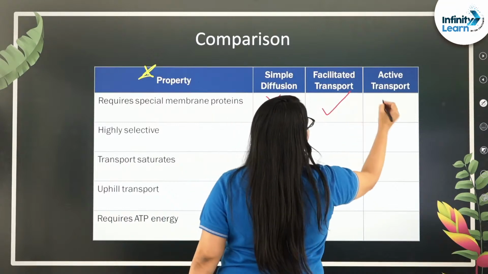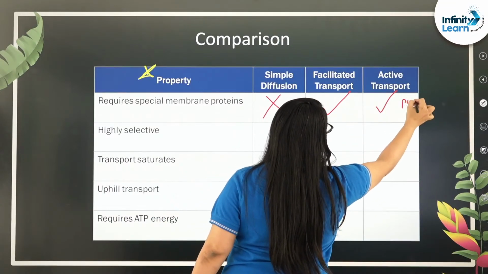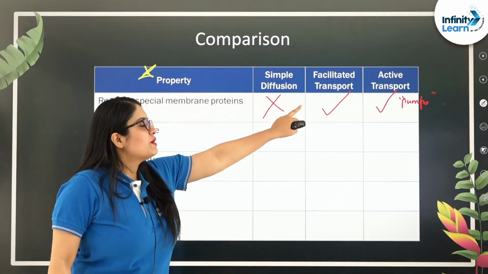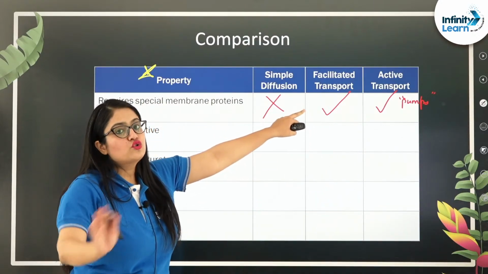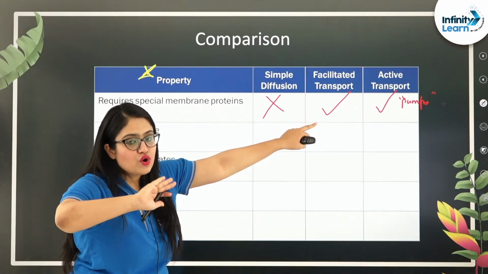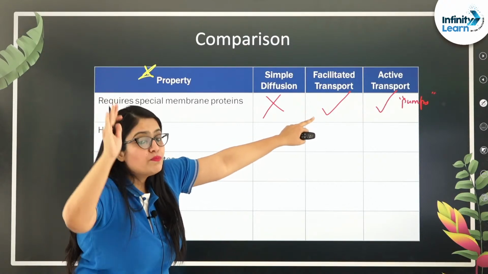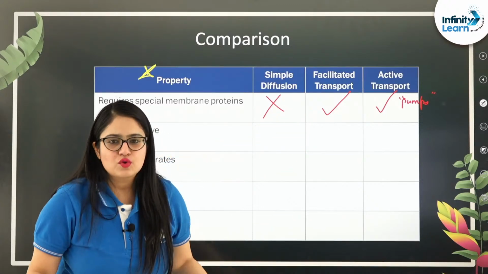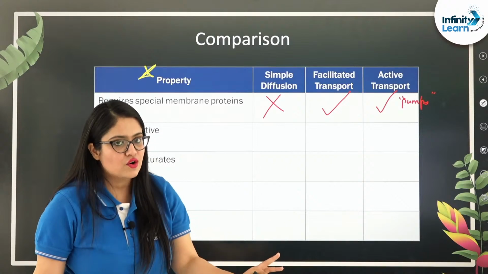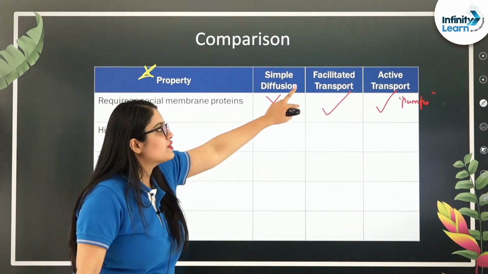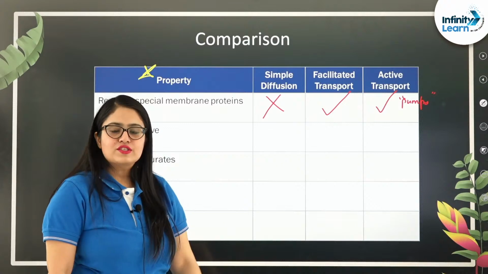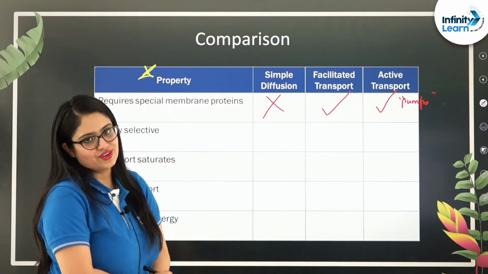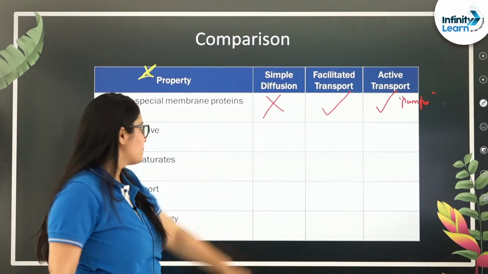Facilitated diffusion does require them, but these membrane proteins do not show active transport, they do not utilize ATP energy. They cannot transport substances against the concentration gradient. They transport substances along the concentration gradient, not against, but pumps do that.